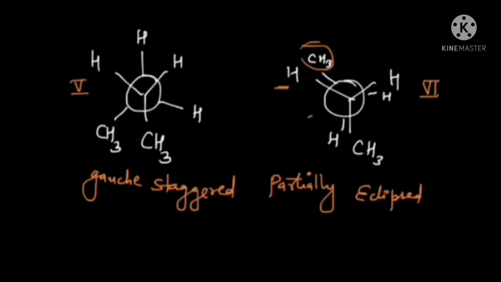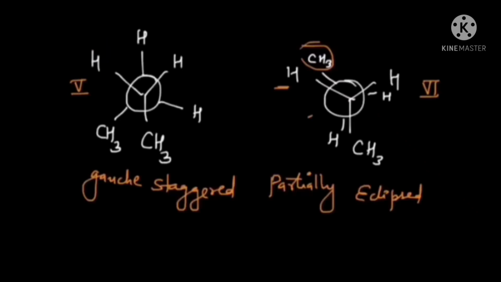Now let's talk about their stability and their energies. Because in the anti-form, all the groups are as far away as possible, it will be the most stable conformation. Then you have these gauche forms in which the groups are far apart, but they are not as far apart as possible.